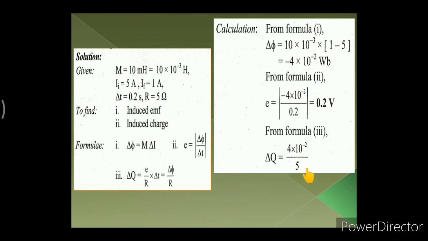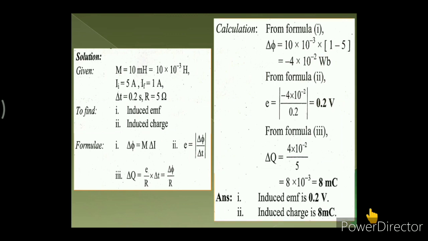Substituting, delta phi upon R is 4 into 10 raised to minus 2 upon 5, and we get 8 into 10 raised to minus 3, which is written as 8 millicoulomb. That means the value of the induced charge is 8 millicoulomb.